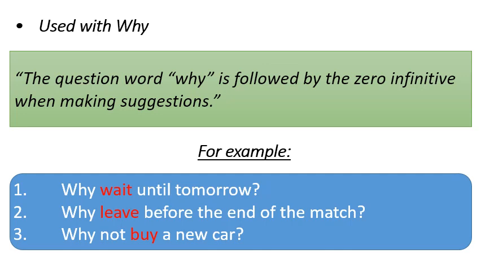So here wait is a bare infinitive and it is used with why, and here it shows suggestion. Why leave before the end of the match? Why not buy a new car? So here the highlighted words are bare infinitives and they are used with the question word why and it shows suggestions.